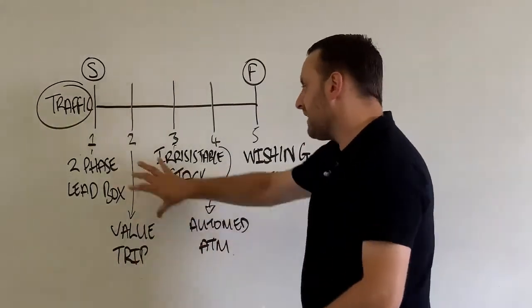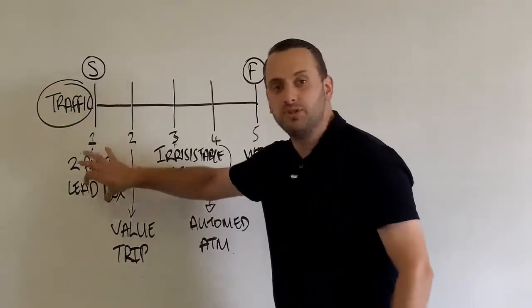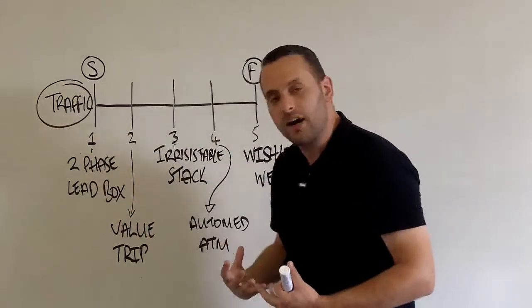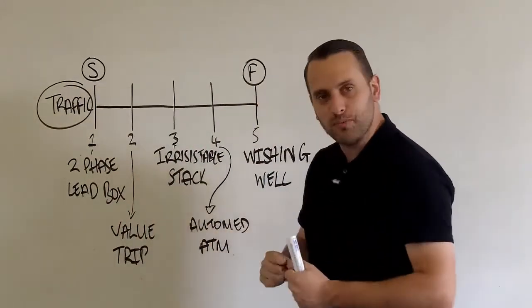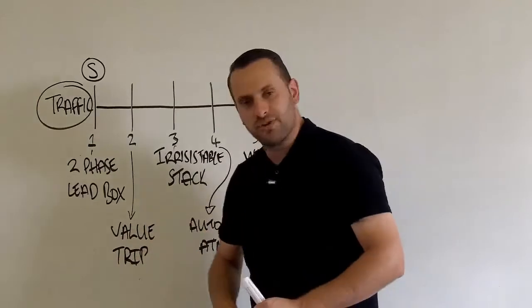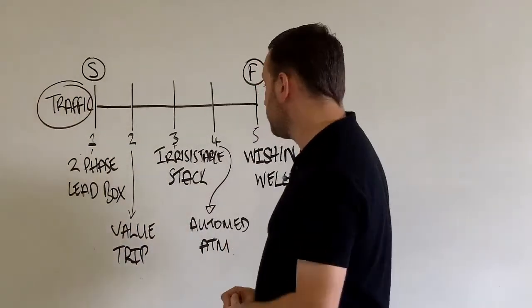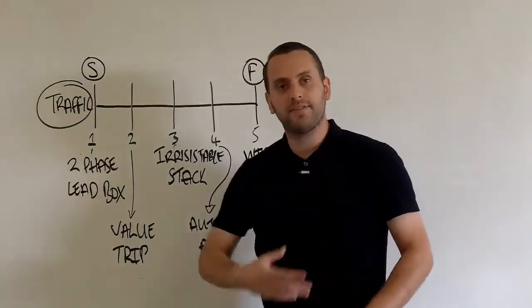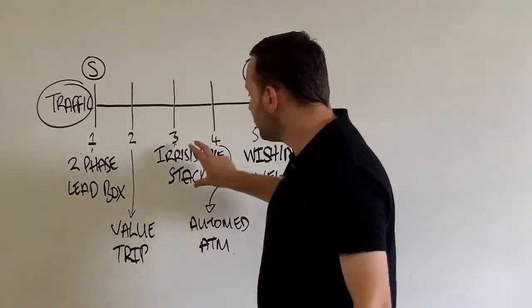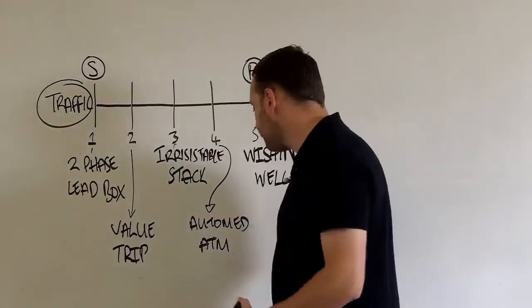So these are the actual parts. The two-phase lead box builds your list of leads, collects targeted prospects potentially interested in what you have to offer. The value trip, that's the second pillar in the process. This converts leads into customers for you. The irresistible stack builds repeat customers, delivers more value, makes you more money.